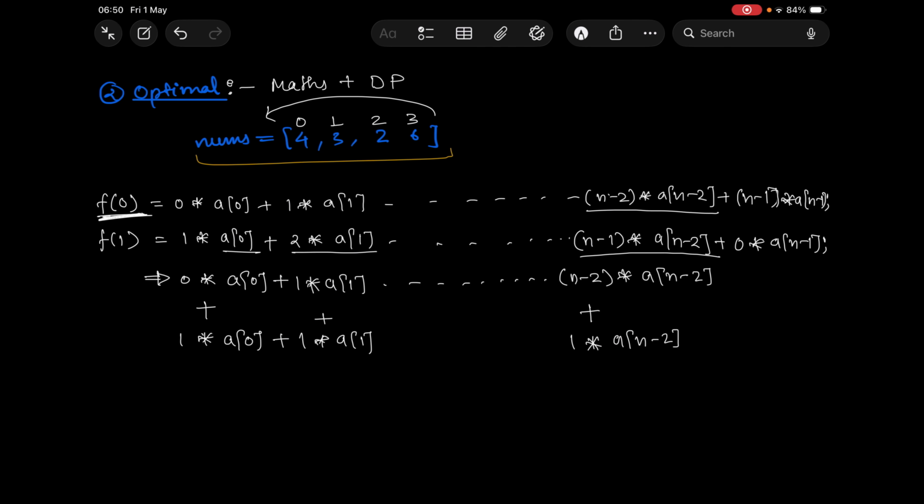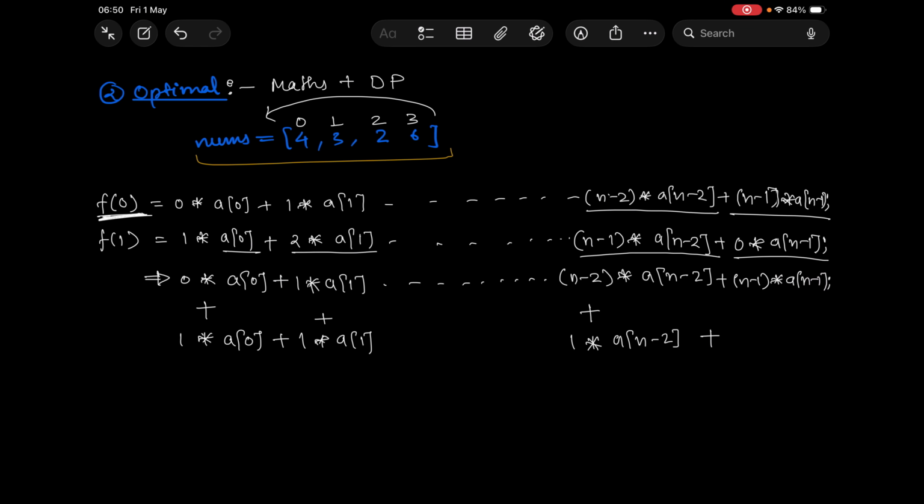Now if we write the same thing, n minus 1 into array of n minus 1, as per the f of 0, but we see in f of 1 it is 0 times n minus 1, which means we have n minus 1 times this value extra, right?